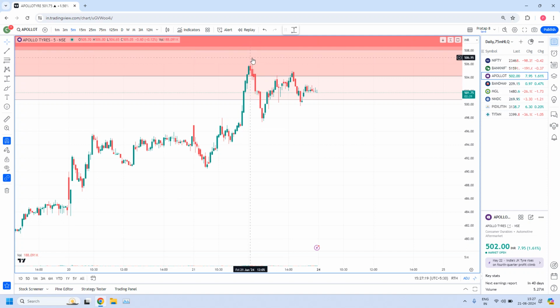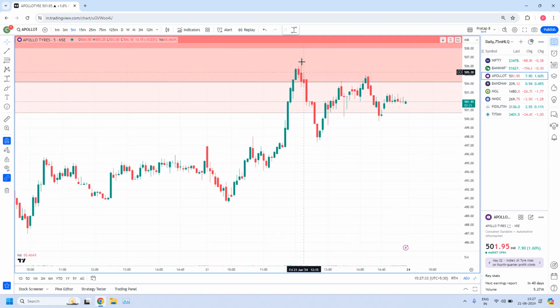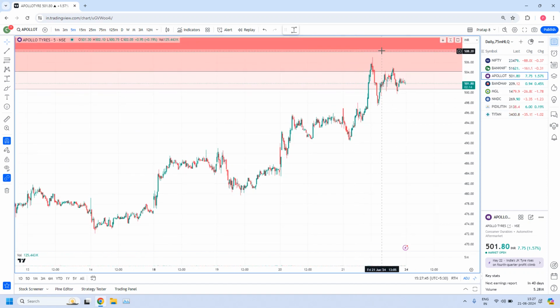You might ask, can we take a trade here? No, you cannot take a trade here. The reason is, even if you keep the entry buffer, slightly the trade is missed. See, the high of the candle is 507. But what is the entry here? It is 508.65 paisa.